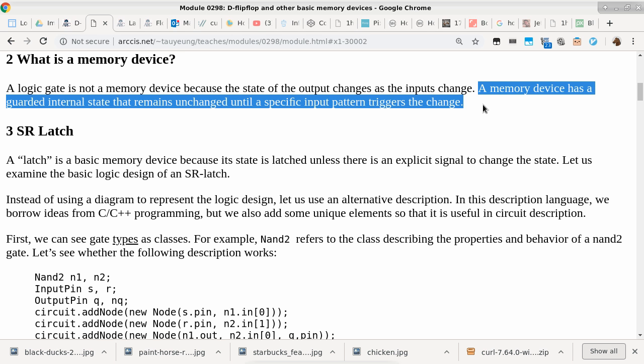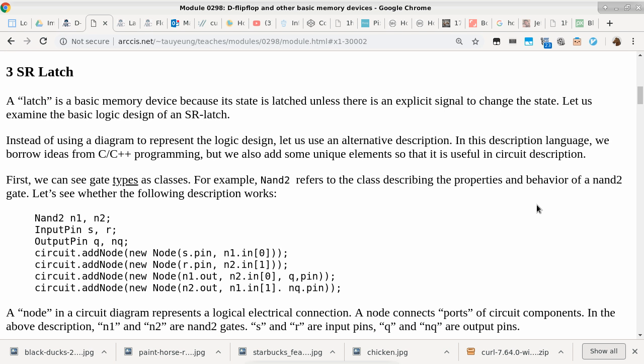Up to now, we do not have anything like this, where there's an internal state that remains exactly the same until a specific input pattern triggers the change, which implies there are other input conditions that would not change the internal state of certain types of designs. So the next thing we talk about is what we call an SR latch. An SR latch is a latch, not a flip-flop. It just latches on a particular state until the input becomes a certain thing.